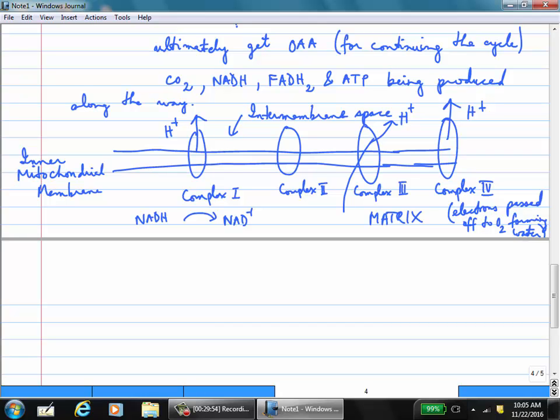So the proton pumping across this mitochondrial membrane is going to produce a proton gradient. If protons flow down that gradient, you can couple that to the production of ATP. So that's how the energy is produced.